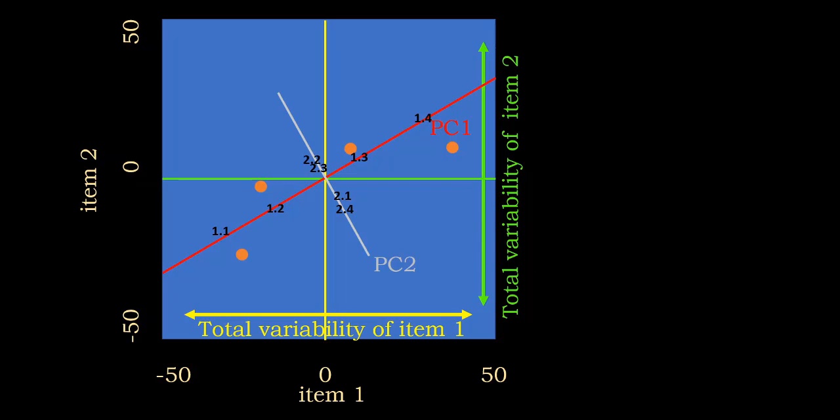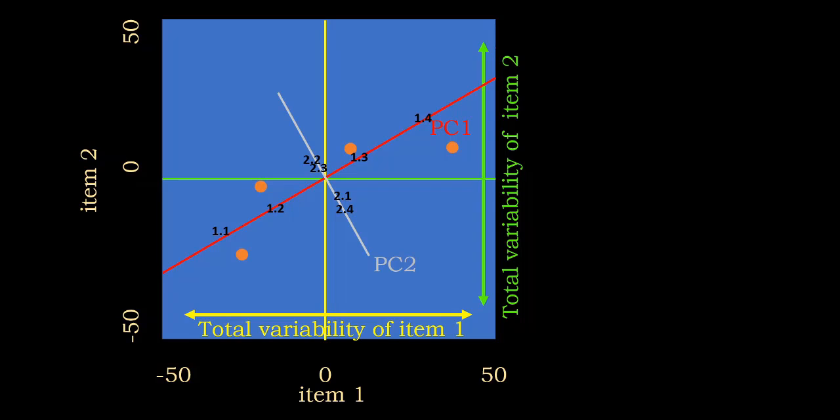So now what we do is rotation. Why do we do rotation? Well, because here we only have 2 items and 2 components. We can add more items, and it's very difficult to represent those items. The more we add, the more difficult to represent in 2 dimensions. So we have to do the maths.